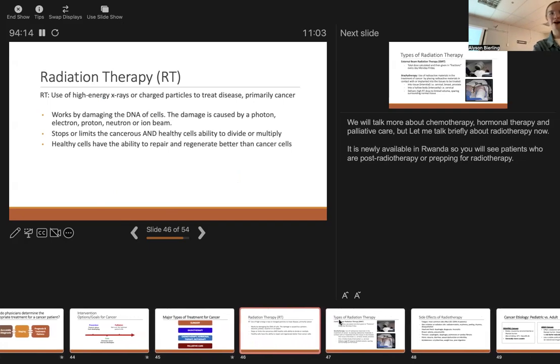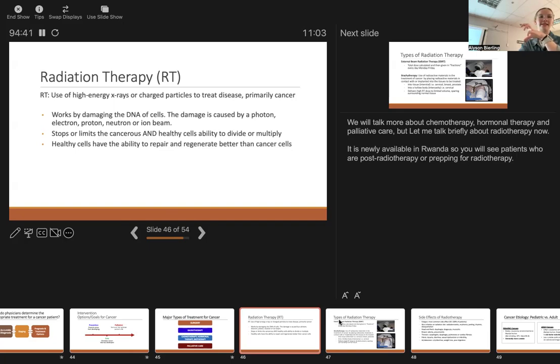All right, so we'll talk a bit more about radiotherapy later, so I won't spend too much time on these slides, but in summary, radiation therapy uses high energy X-rays or charged particles to treat cancer. And so when radiation therapy is applied to the cancer cells, it causes damage to the DNA of those cells.